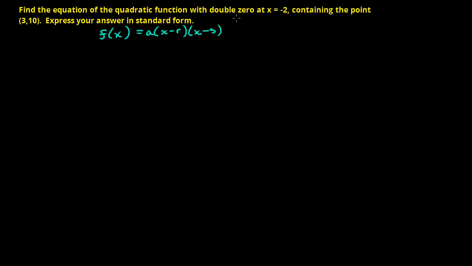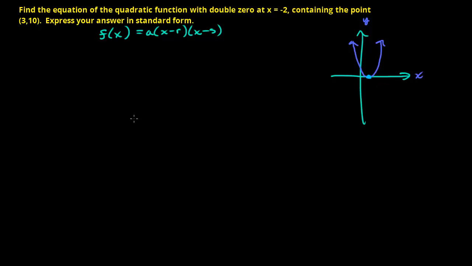Now, what a double zero means is that if we look at the graph of a parabola, this parabola would come down and it would just touch the x-axis. So this would be x, this would be y, and we would get a single x-intercept.